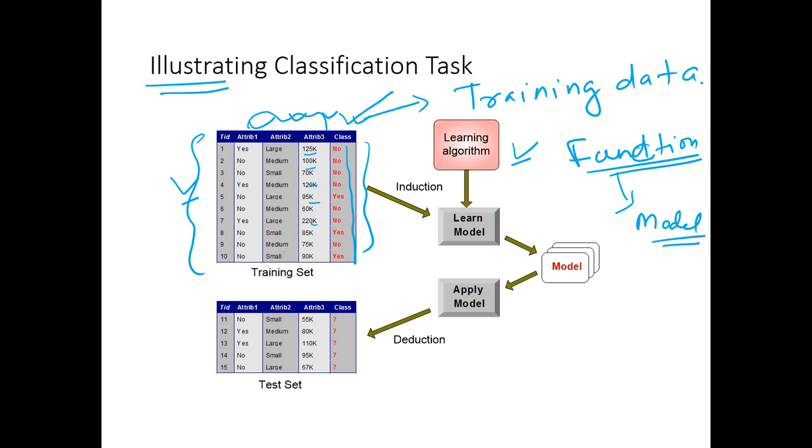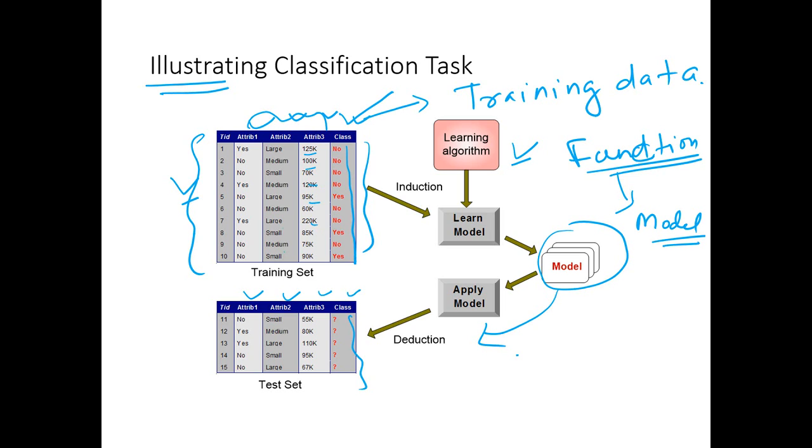So you use a learning algorithm to come up with a model, and you apply that model to find the class using the attributes. So you have this model in place. Now you have attribute 1, attribute 2, and attribute 3, and using this information, you find out whether the class is yes or no. That's not given to you. In training data that is given to you, but in test data or new data, it's not given.